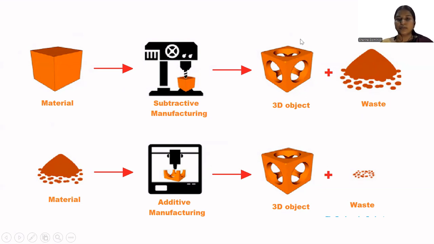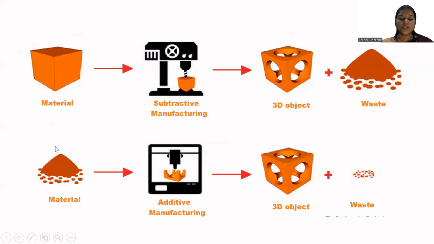So in the process of removal, the unwanted waste, that is the material which is not required for the product, is evacuated or eliminated. So a huge amount of waste occurs here.